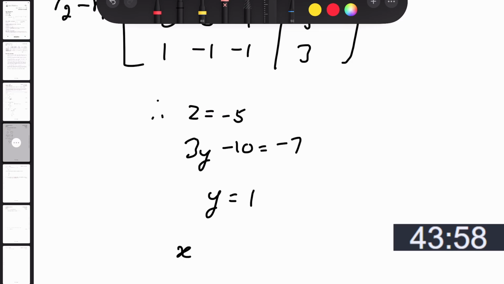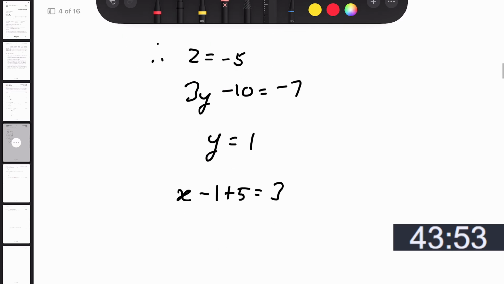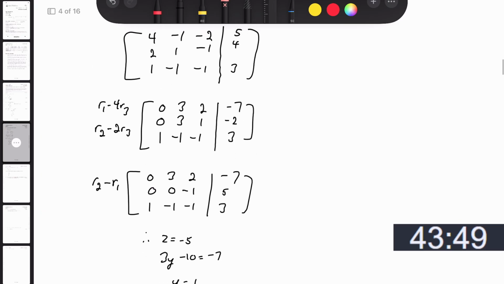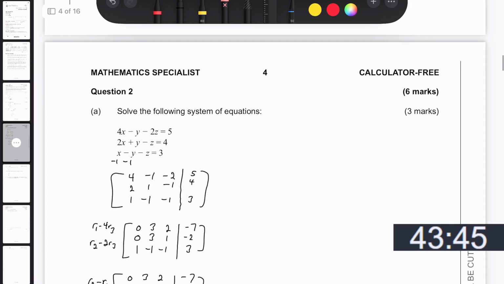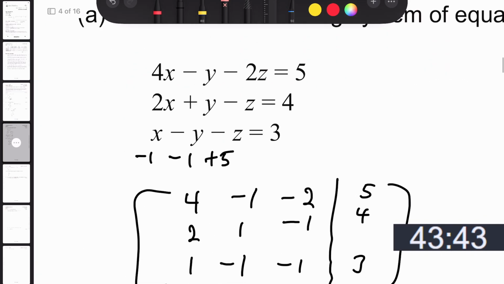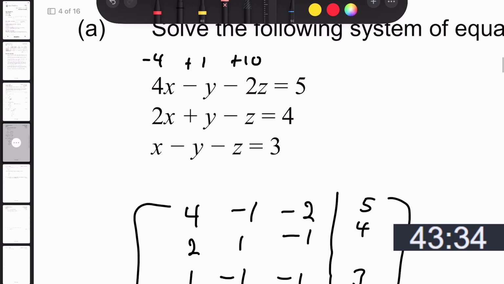So then x minus 1 plus 5 equals 3. Plus 4, x is equal to negative 1. Let's see. So if I sub in negative 1 minus 1 plus 5, that equals 3. Negative 4 plus 1 plus 10.